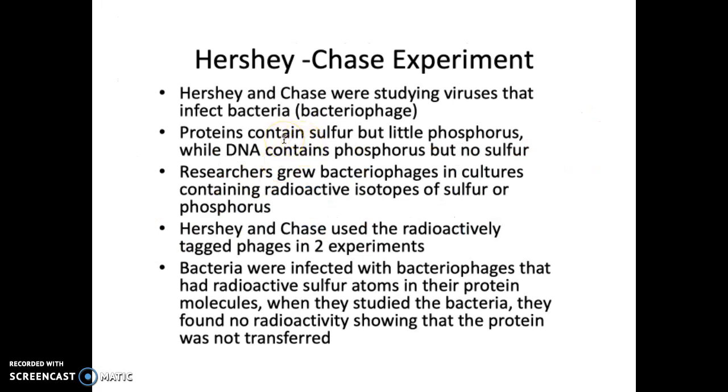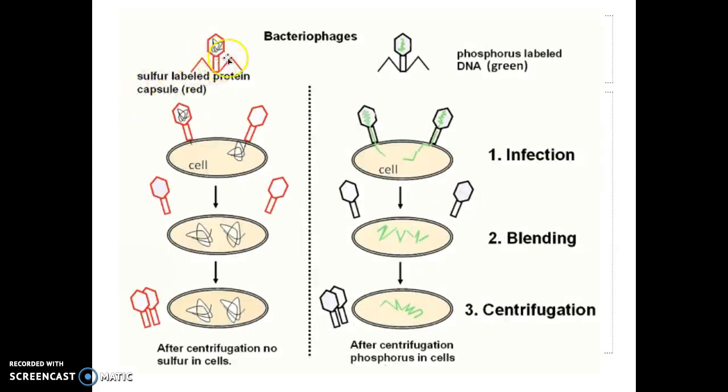And then the Hershey-Chase experiment went on to look at the same thing, basically. They went on to prove, if you look at this, they took sulfur-labeled protein, which is in red because viruses have protein on the outside, and they injected it into cells, and they said, nope, look, we didn't find it.